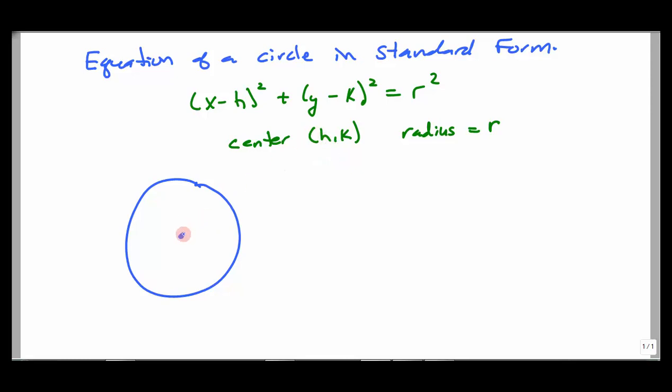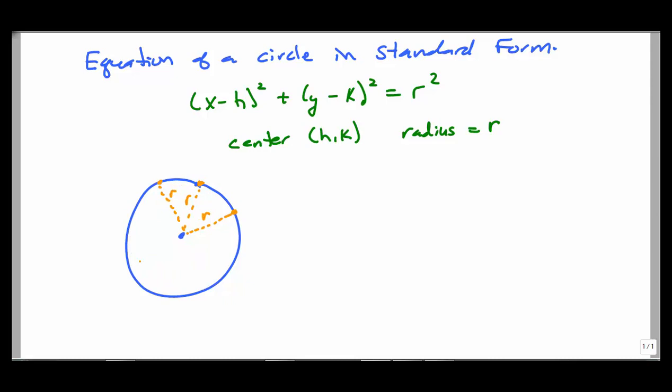So once I find this center, the distance from the center to any point on the outside of the circle is this radius r. So if I were to draw a lot of these distances and these points, what would happen is I'd eventually have all the points that made up a circle.